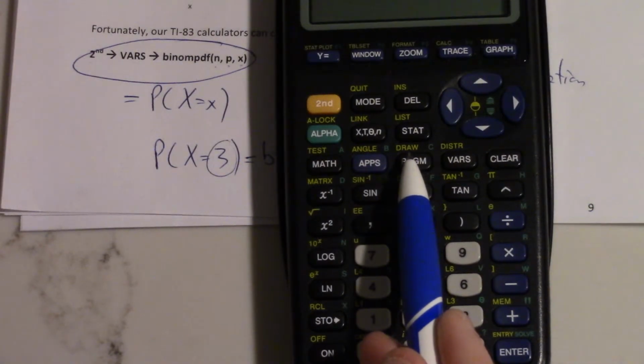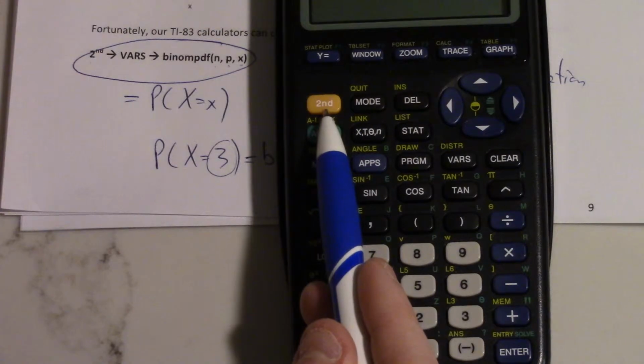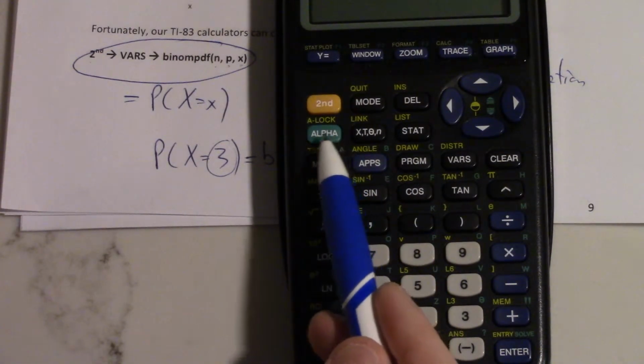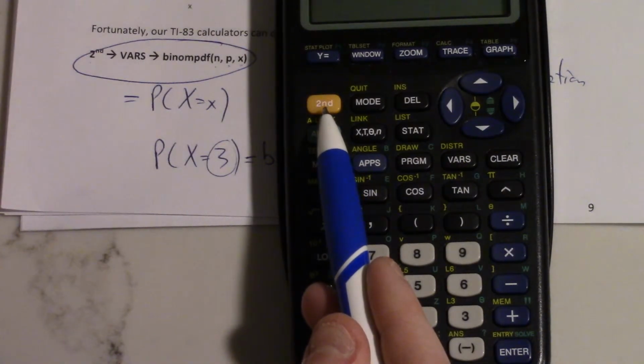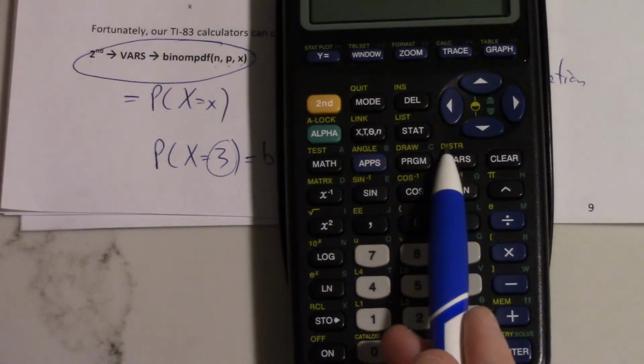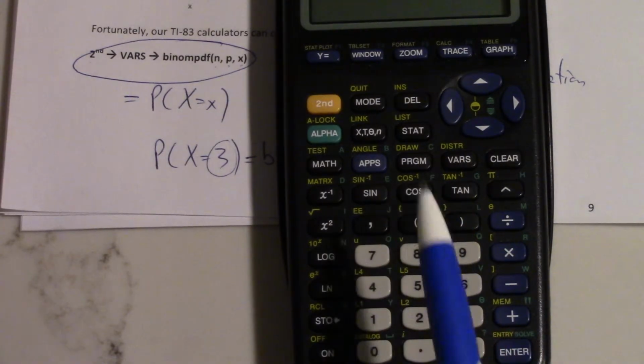Well, if you want to access the yellow buttons, you have to press the second button, because it's yellow. For the green, you'll press the green button. We won't use the green button, we'll often use the second. So when we press second vars, that's taking us to this DISTR menu, which is short for distributions.